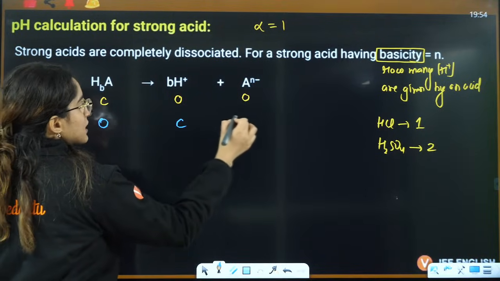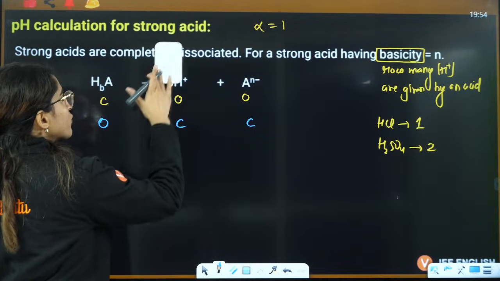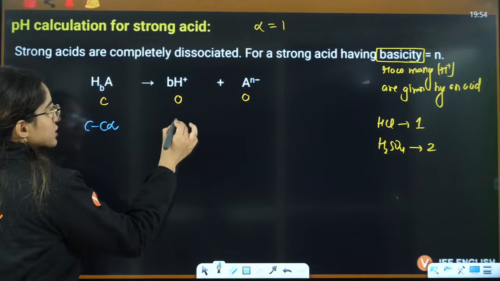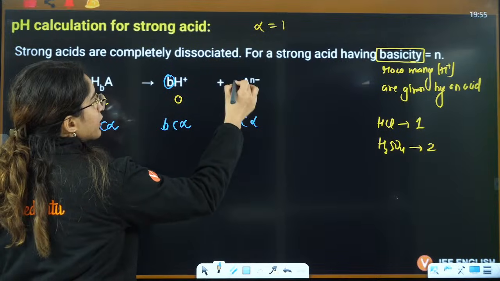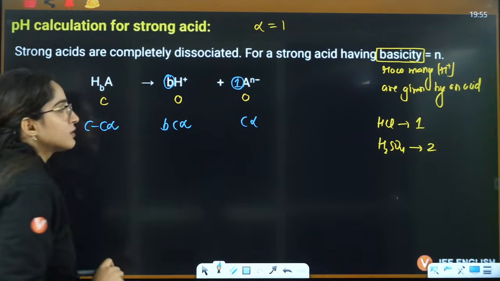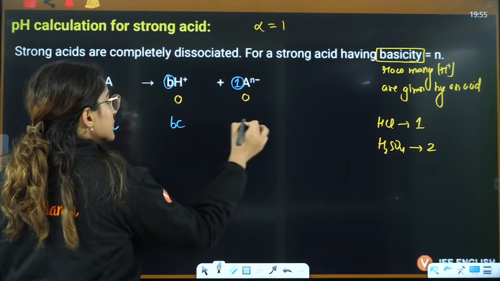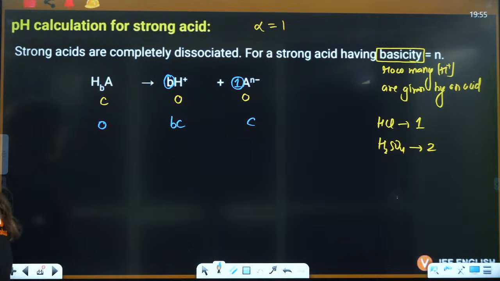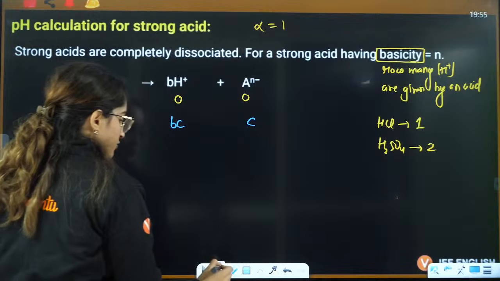Do you remember what I told you? Whenever this is C minus C alpha, this will become C alpha into stoichiometry. Alpha is here equal to 1, so you will write BC here. This is C, and alpha is 1, so this will become 0. Right? These are the equilibrium concentrations.